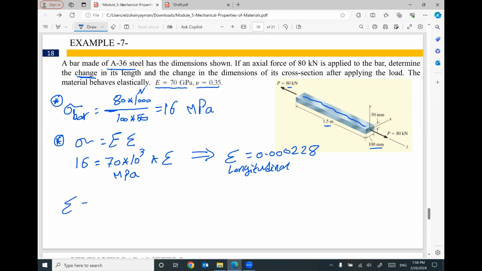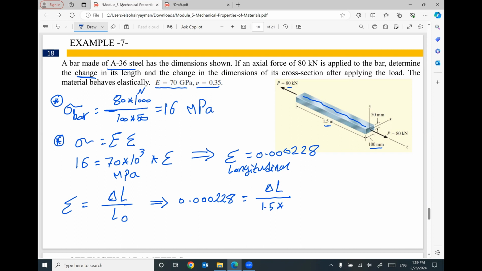This strain equals the elongation in the bar divided by the original length. So the strain is 0.00228 equal the elongation in this bar. I don't know. The original length of this bar is 1.5 meter.